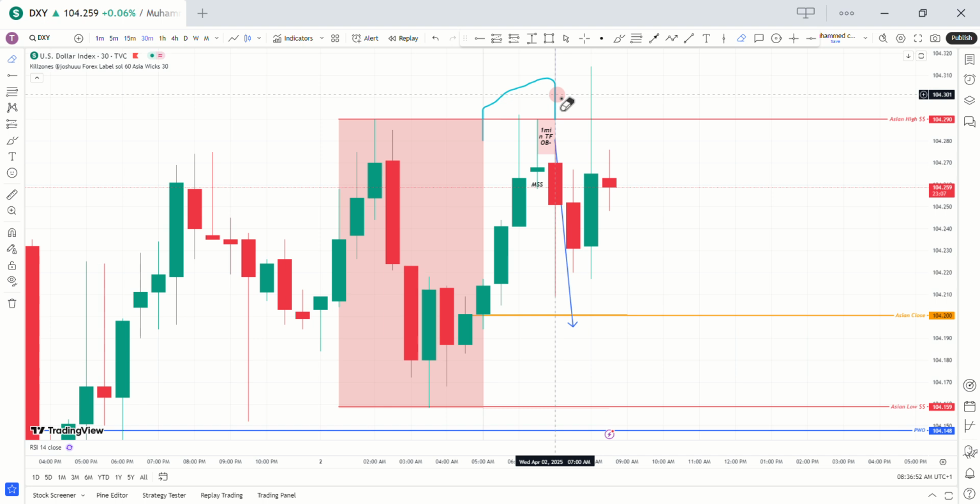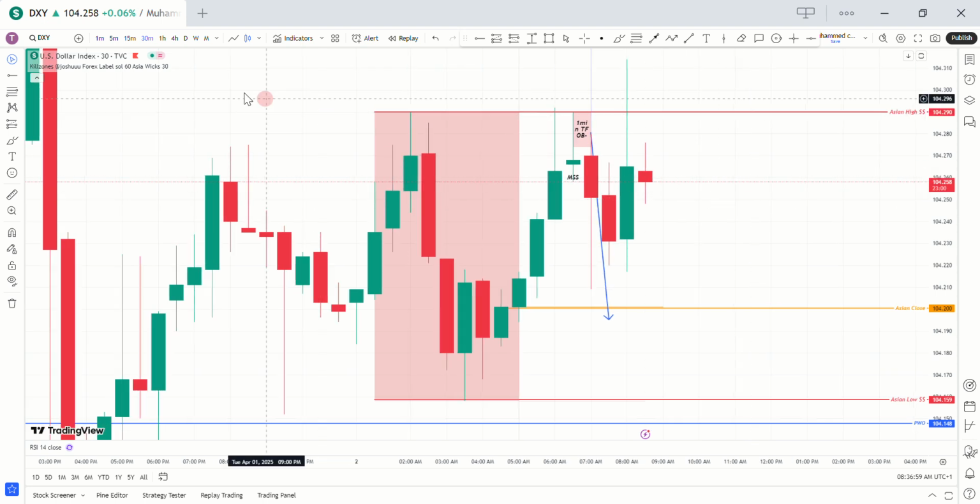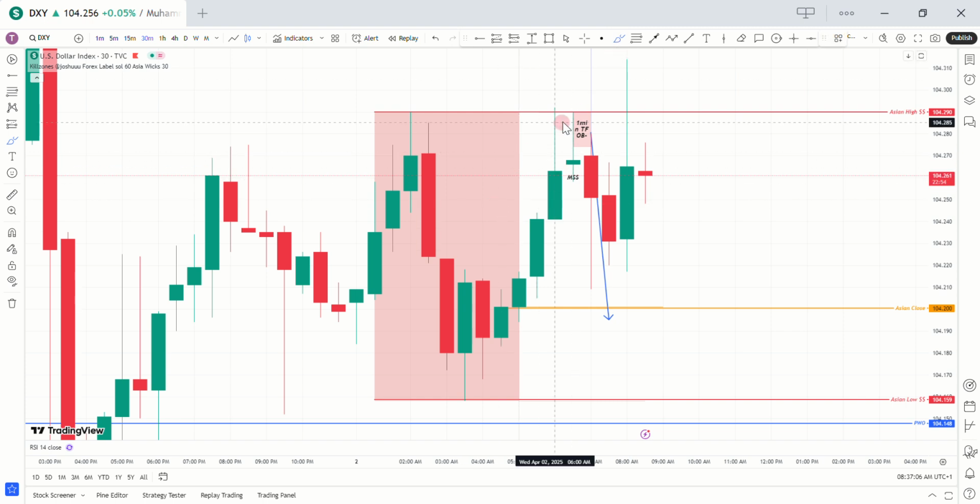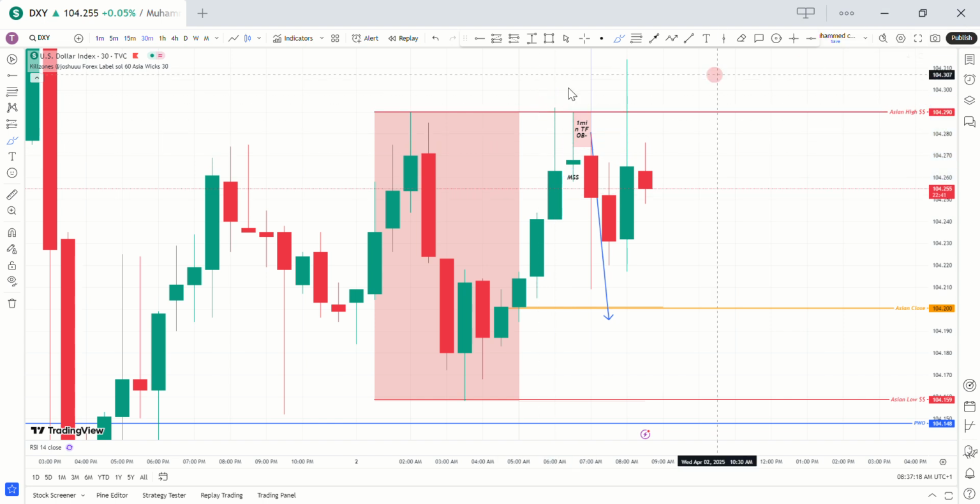So I saw that price went directly to sweep the Asian high because I was on the 30-minute time frame. I saw that the candle which swept the Asian high had already closed below the Asian high, and that was around 6 o'clock.